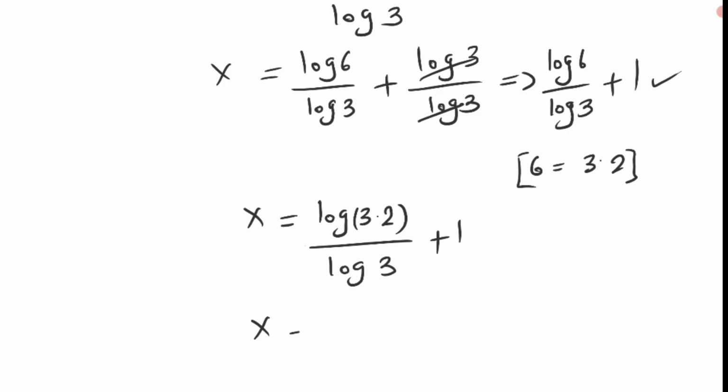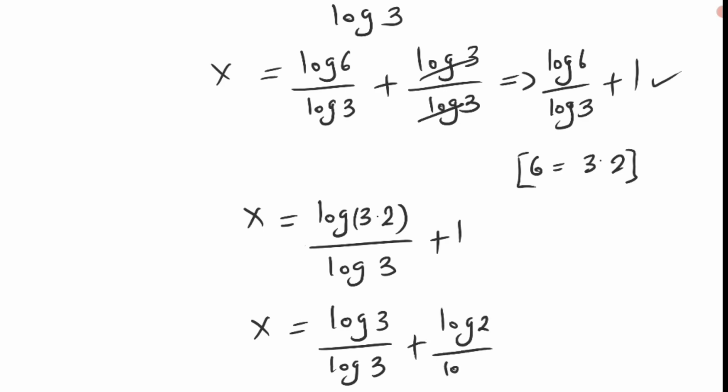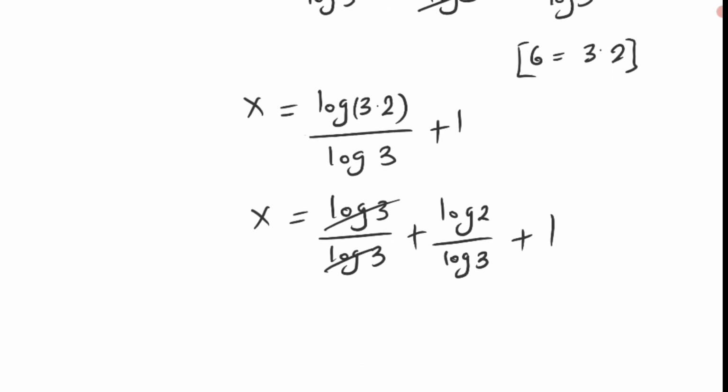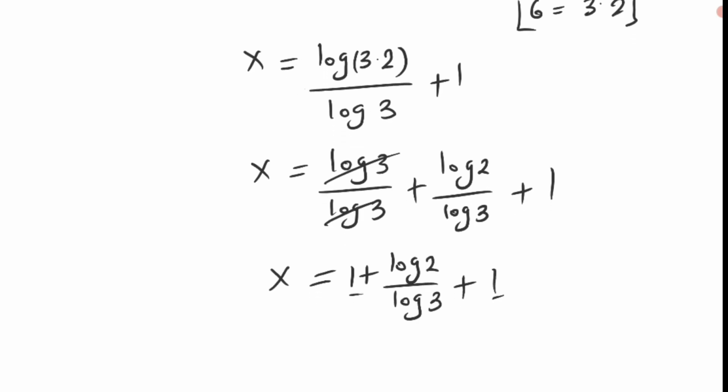Then s is equal to log 3 over log 3 plus log 2 over log 3 plus 1. This log 3 cancels this log 3. S is equal to 1 plus log 2 over log 3 plus 1. 1 plus 1, this is 2.